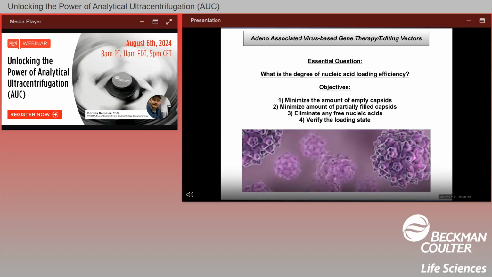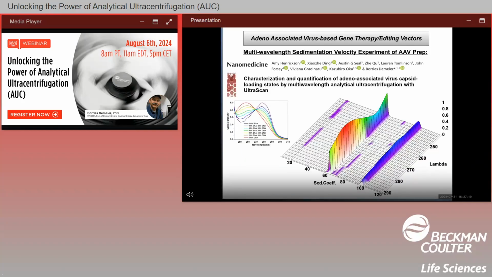And we also don't want to have any free nucleic acids presence that will give us contaminants that are undesirable in the final pharmaceutical drug. And so we need to verify the loading state. And we can do this very well by doing multi-wavelength AUC.